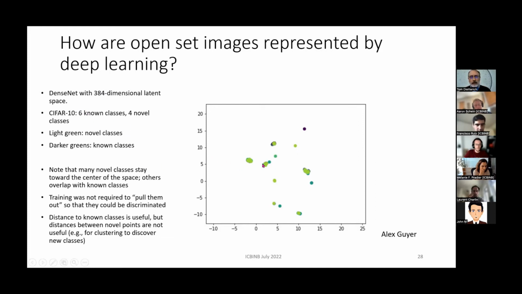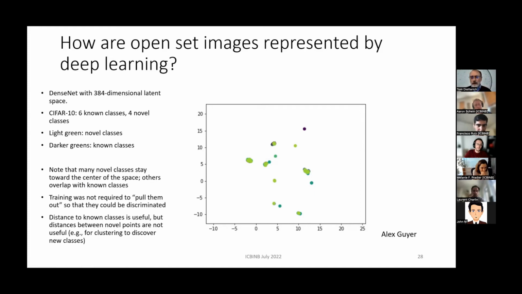What you'll see is that these light green points are the novel class data, and the darker green points are from these 6 known classes. We collected the Z vectors after every epoch, and then took all of the Z vectors from all the epochs and threw them into UMAP, which is a visualization tool similar to t-SNE, but scales much better.